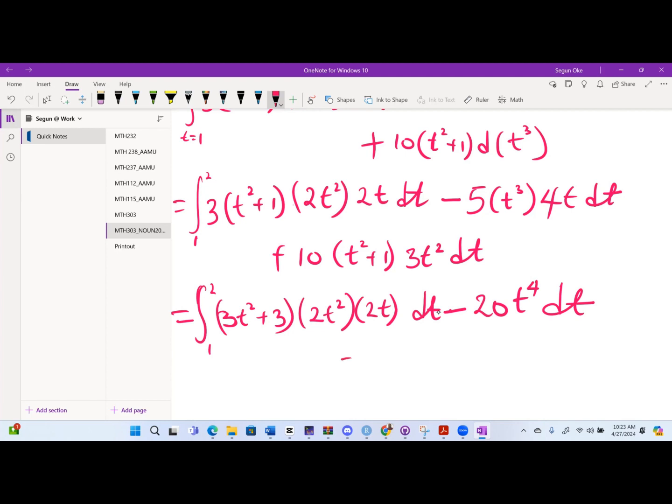So you have plus 10t squared plus 10. Are we sure?